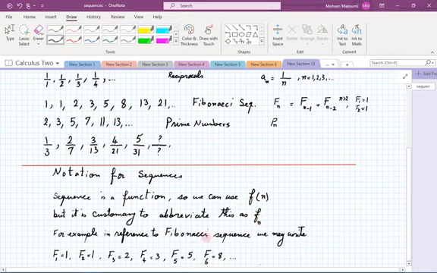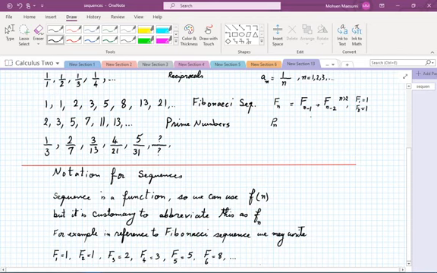So for example, if you want to talk about Fibonacci sequences, we typically use capital F for that. It's the name of somebody. F sub 1, F sub 2, F sub 3, and so on. And then, as we said, F sub n is equal to the sum of the previous two F's.